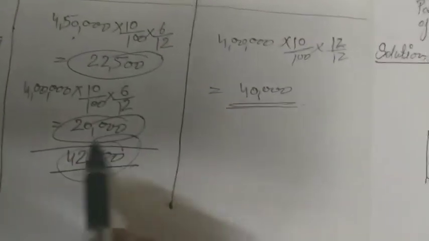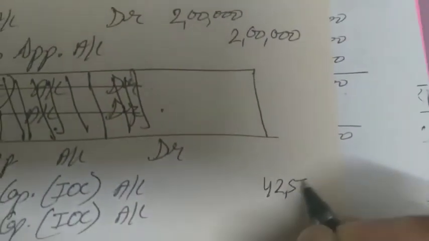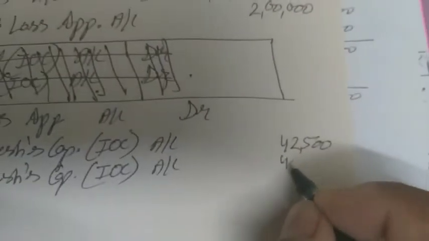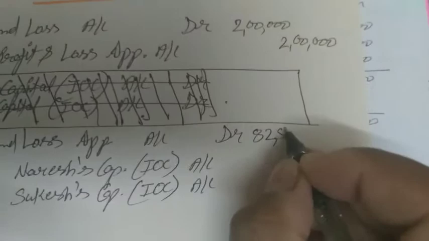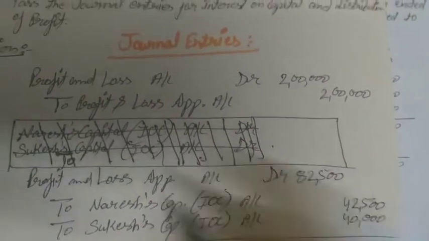The interest on capital, what was the amount? 42,500 for Naresh and 40,000 for Sukesh. 82,500 will be the total IOC. Okay.